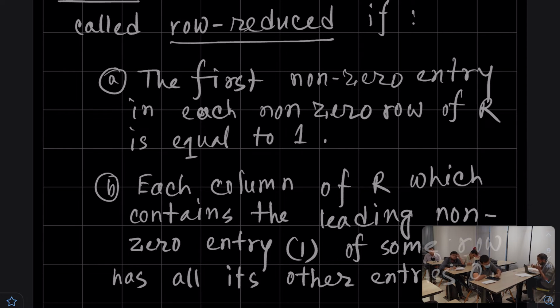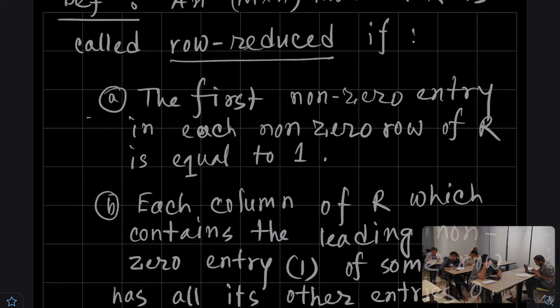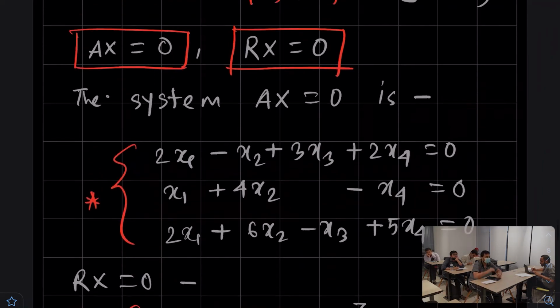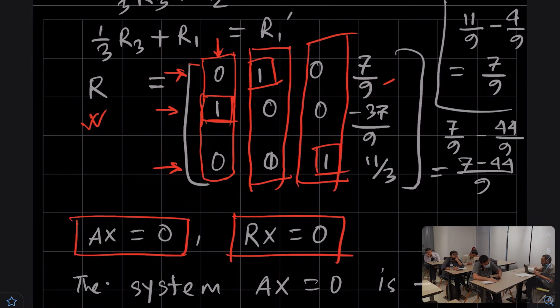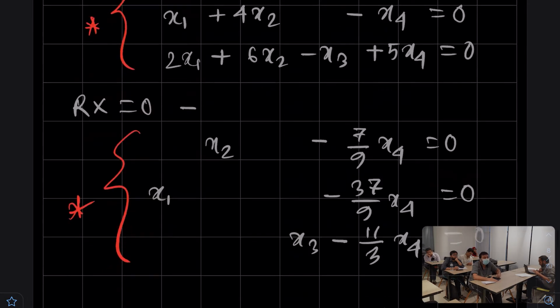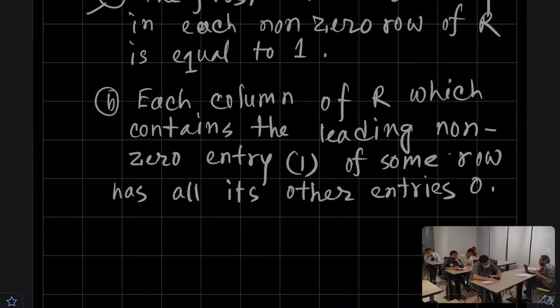So the first one is: the first non-zero entry in each non-zero row of R is equal to 1. Now let us compare this with this matrix R. This is the first row, and the first non-zero entry is this, which is 1. The second condition is that each column of R which contains the leading non-zero entry 1 of some row has all its other entries 0.